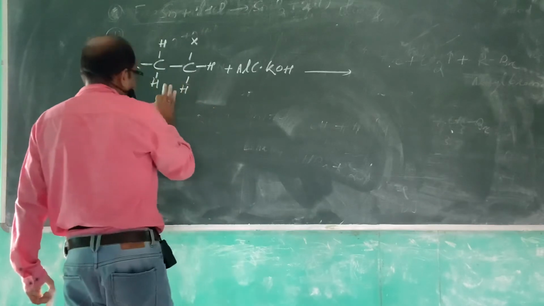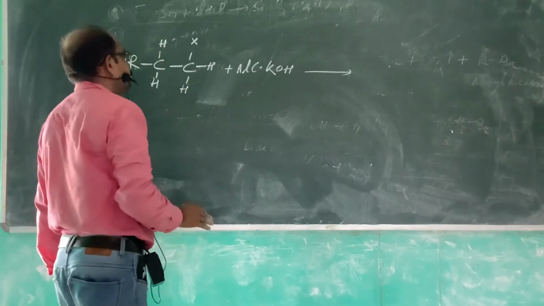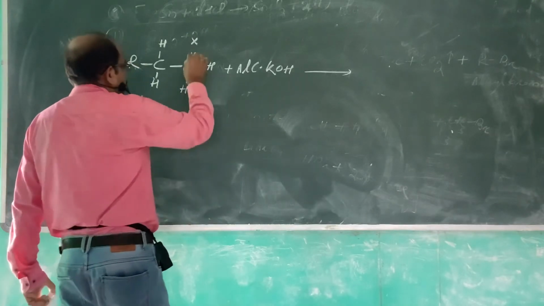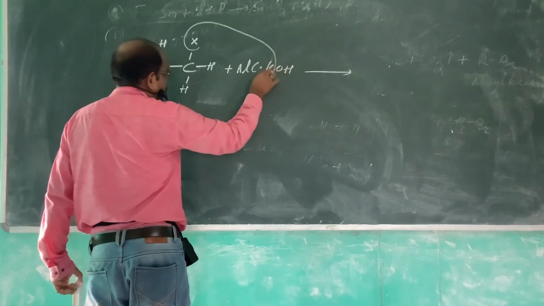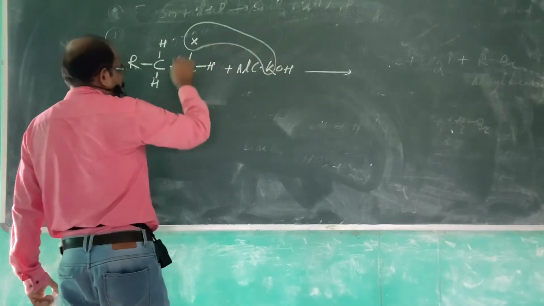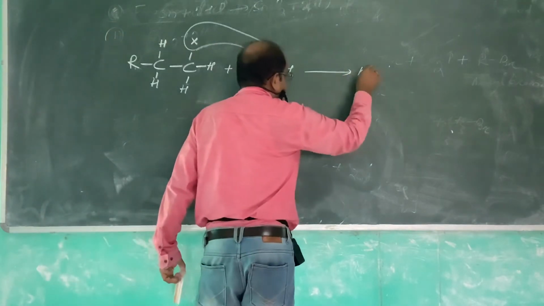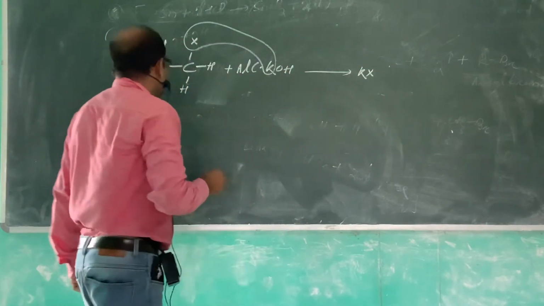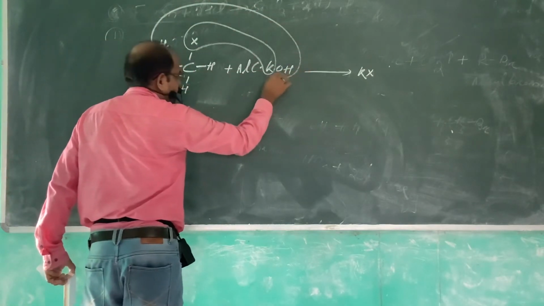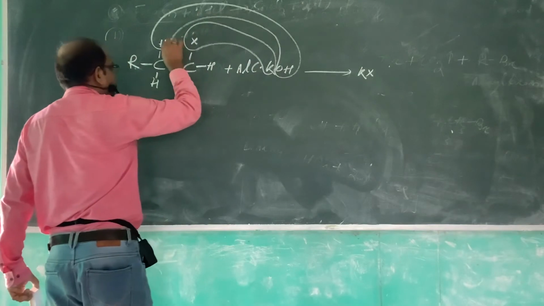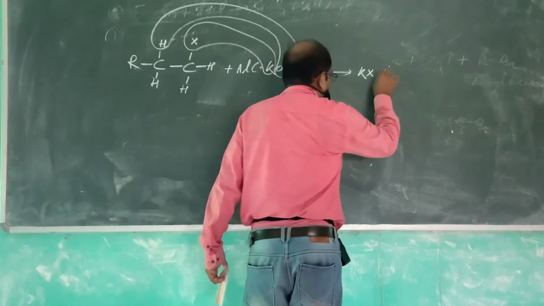When the alkyl halide reacts with alcoholic KOH, the halogen atom of the alpha carbon combines with potassium to give potassium halide. The hydrogen atom of the beta carbon combines with the OH group of alcoholic KOH to give water.